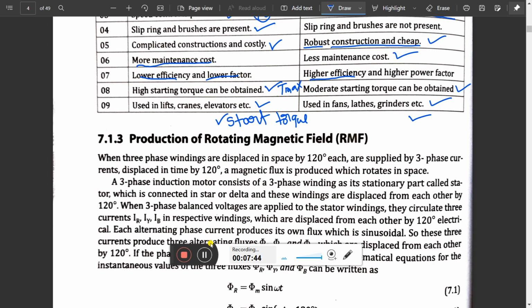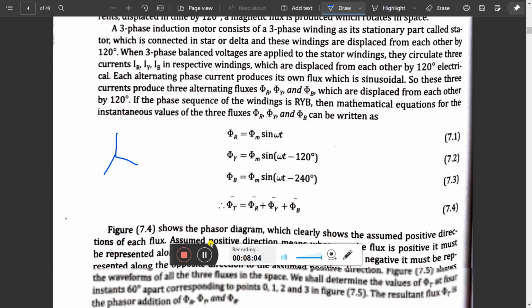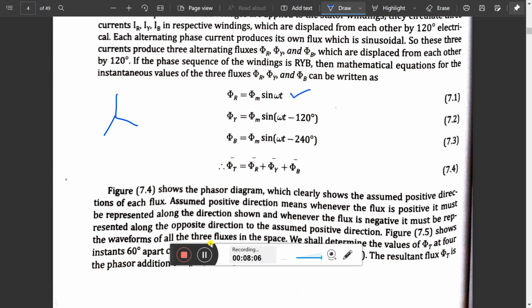Coming to our topic, the first topic is the production of a rotating magnetic field. If I give a three-phase supply, by using three windings displaced in space by 120 degrees, we are well known about how the windings are displaced by 120 degrees. If I give this supply to the motor, it will produce three magnetic fluxes.